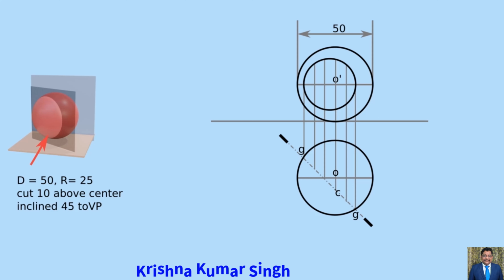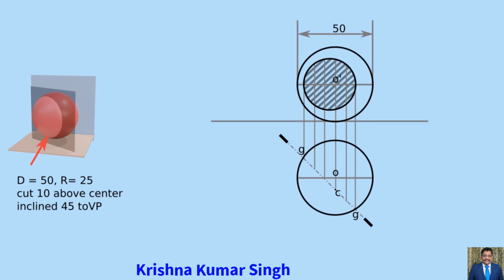Now project these points on the front view as GCG and other points. Now mark the distance of these points from the top view by taking its distance from center O using a compass. Join these points with each other. We will obtain a sectional circle. This will be the final sectional view of the sphere as per condition 2.